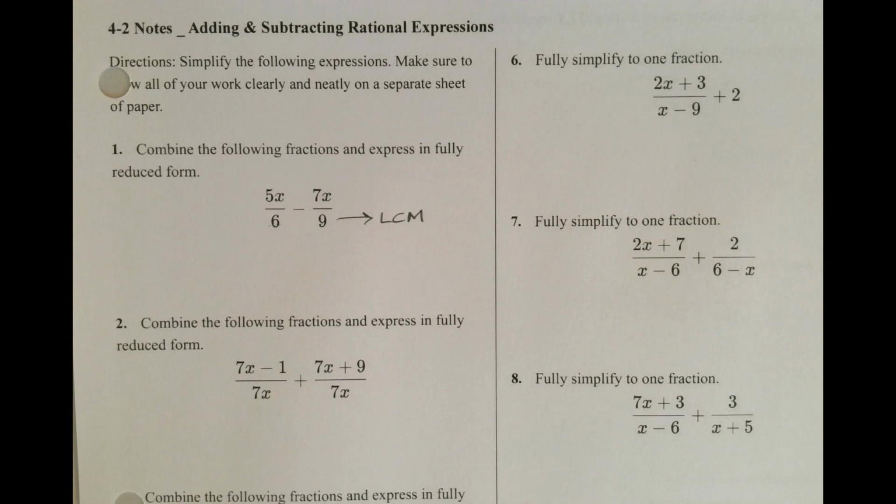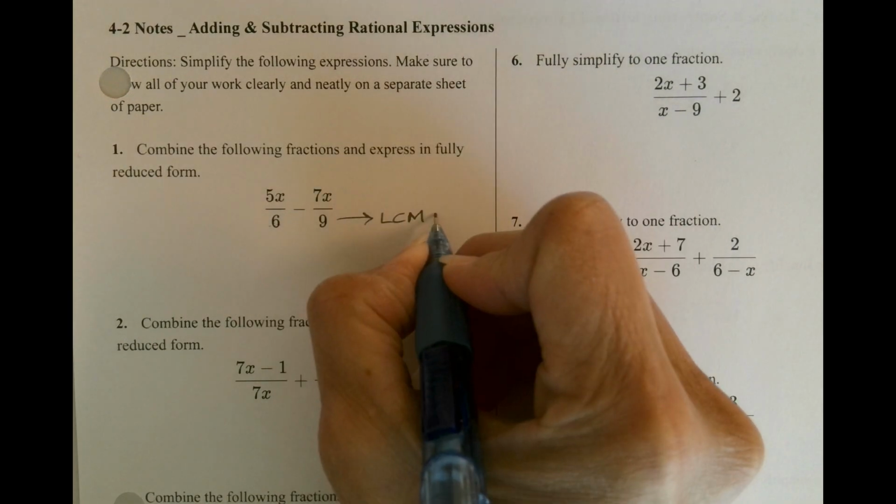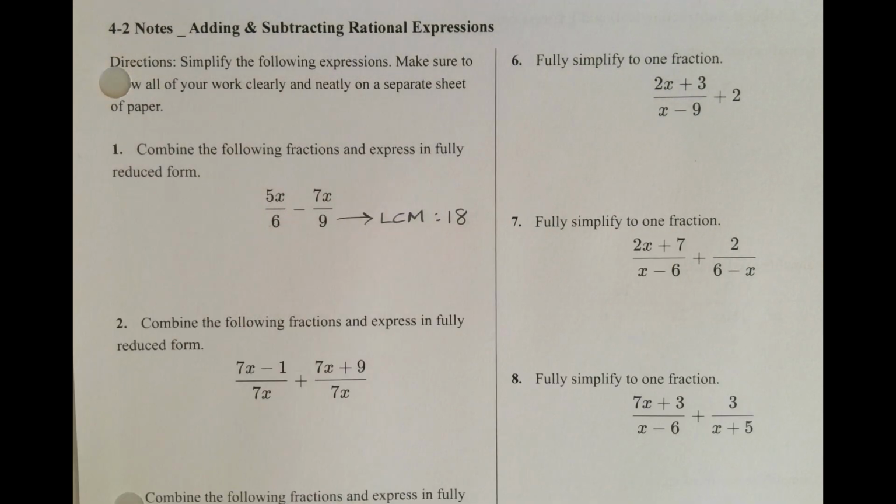If you think of all the multiples of 6: 6, 12, 18, 24, and so forth, and you think of the multiples of 9: 9, 18, 27, what's the least common multiple? 18, right? So your goal is to make them both 18.